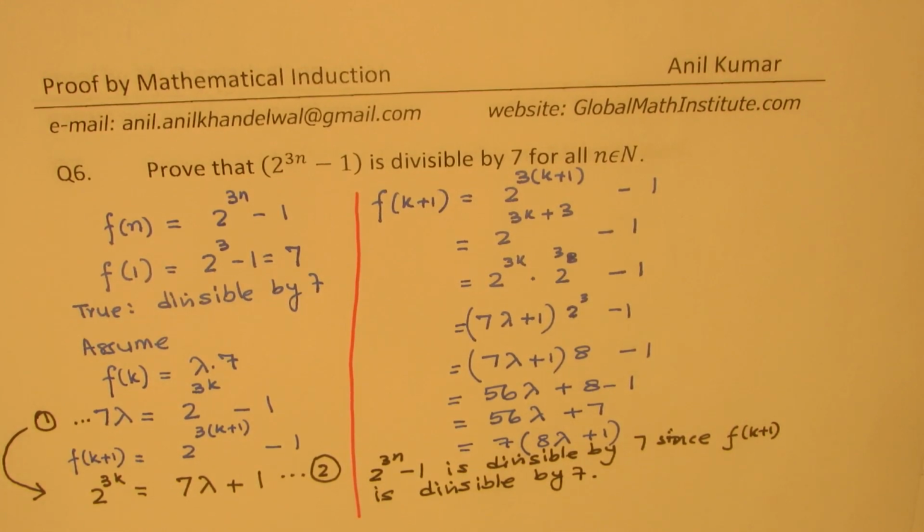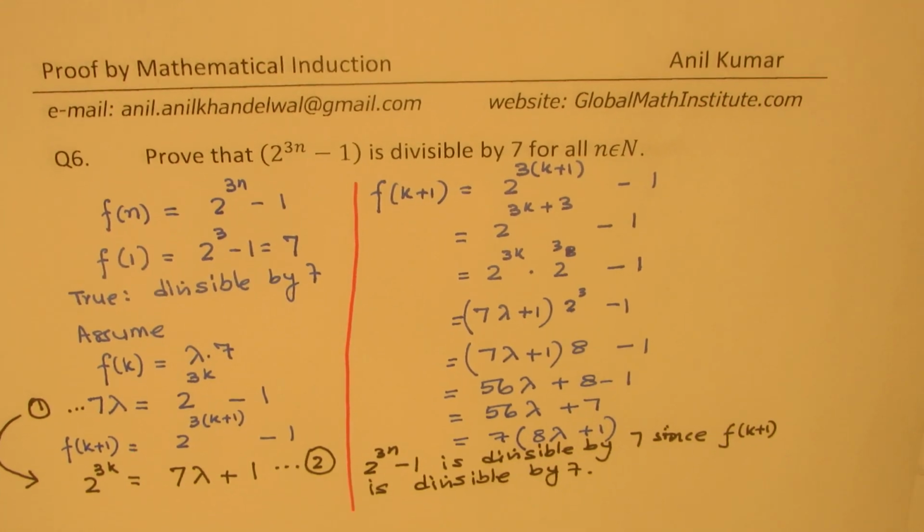Is that clear to you? So this is another strategy. You can actually at this stage rearrange and then substitute as we did here, and that helps. I hope these strategies help you to prove these divisibilities by the method of induction.